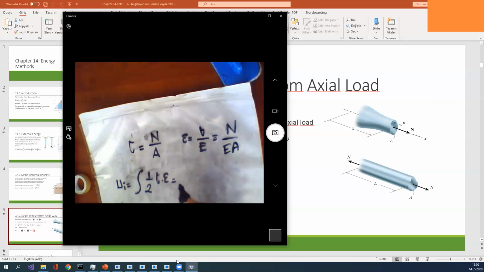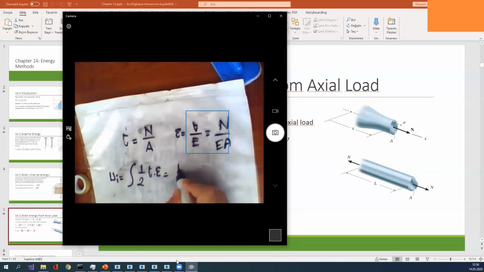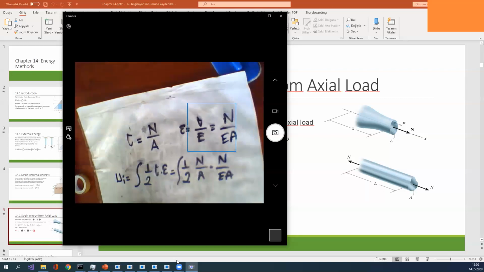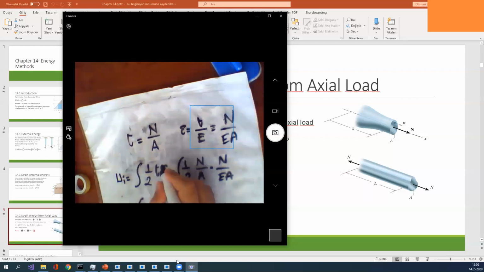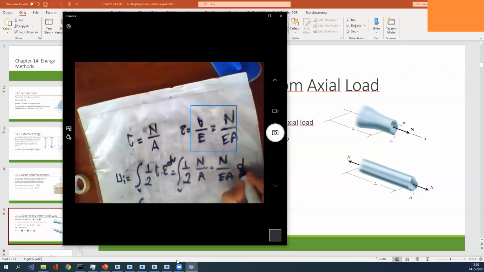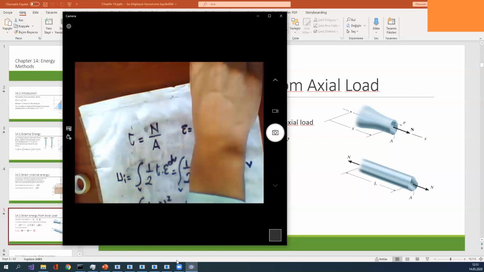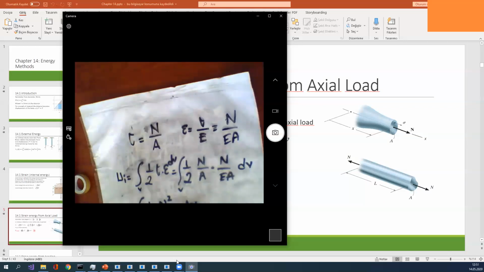So if I include this in the formulation, 1/2 N/A times N/EA, so integration becomes, also dV, this is volume integration, I forgot to write the dV, so 1/2 N square over E A square dV. So from 0 to L, this is volume integration. So how can we evaluate the volume integration?